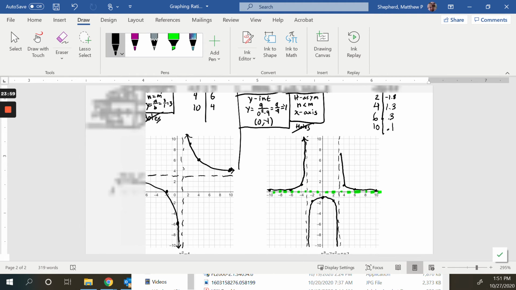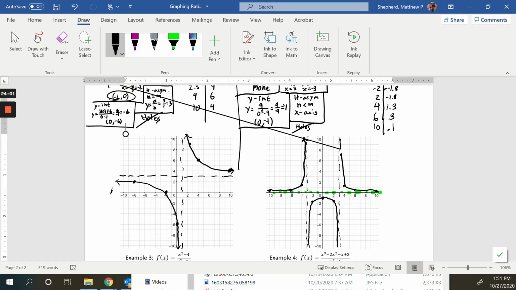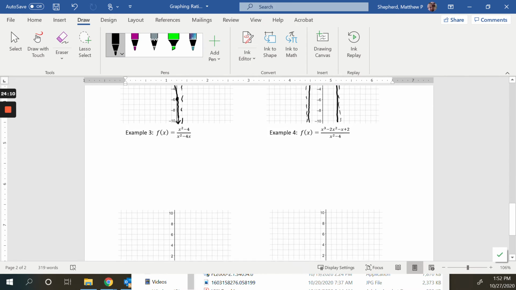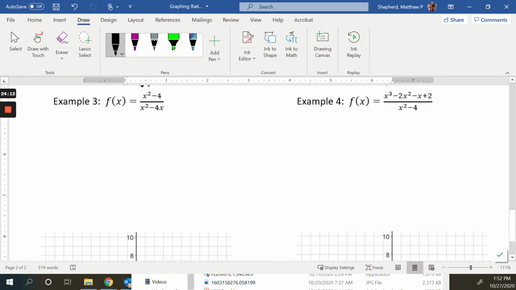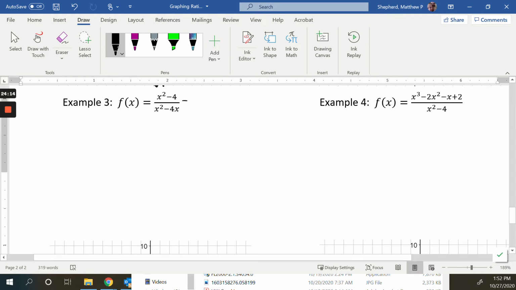All right, and there's our graph. Now let's start this one off the right way. Let's actually factor it to begin with.